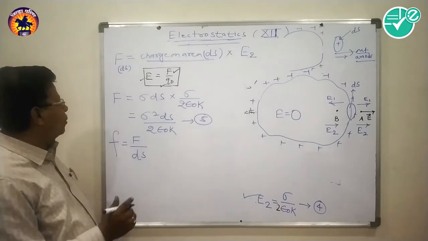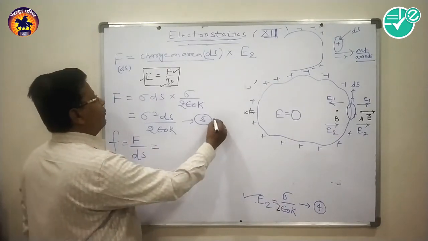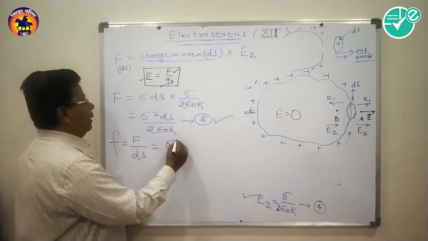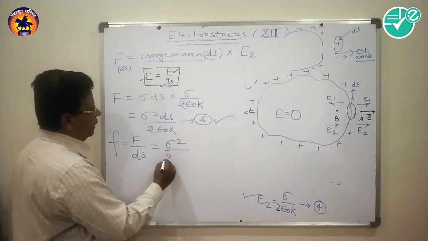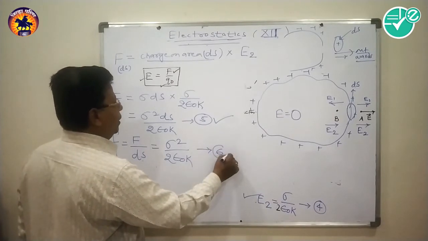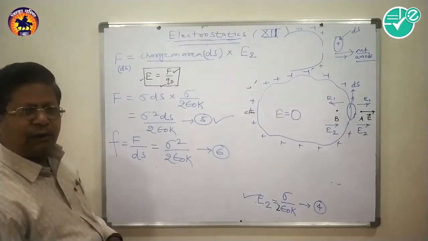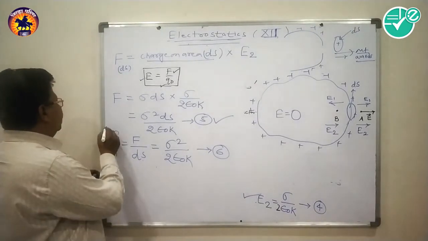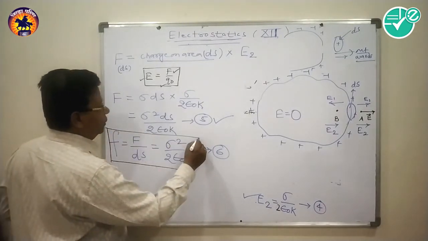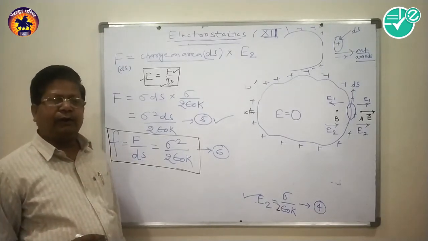That means mechanical force upon area, if we divide this equation number 5 by ds, we get sigma square divided by 2 epsilon 0 K. Say this is equation number 6. And this equation number 6 gives the mechanical force acting on unit area of a charged conductor.